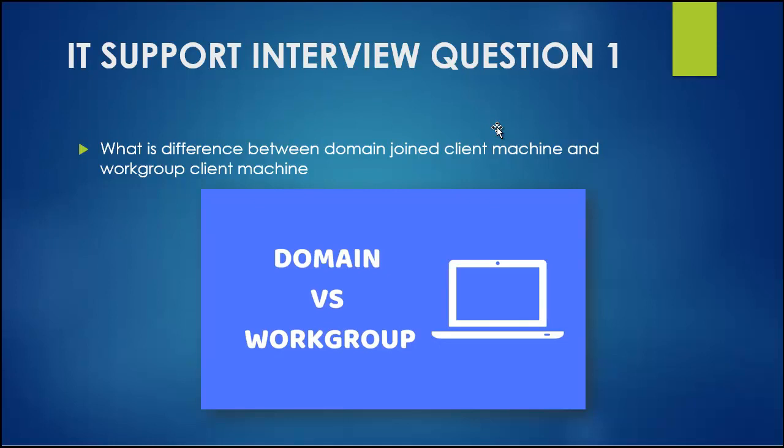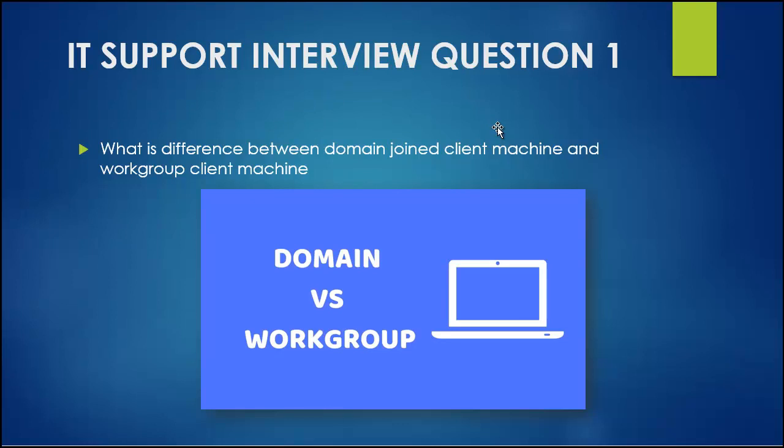But the machines we use at home, mostly our personal computers, are not machines that join a domain, because you're using that machine in your own local network and there is no sort of management and no sort of centralized control. So all the machines used in your home premises, or personal computers, are not domain joined client machines. In this video we're going to see this difference, and with practical examples we'll show you how you can differentiate and reply with clarity.